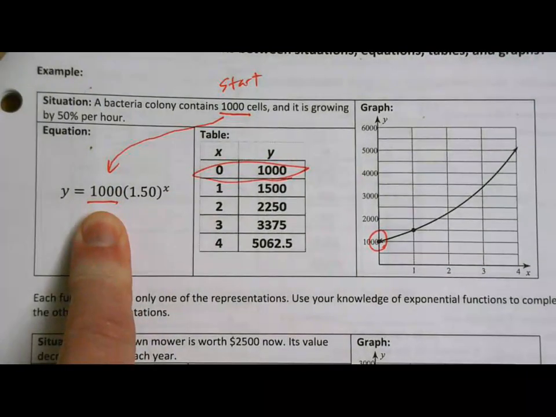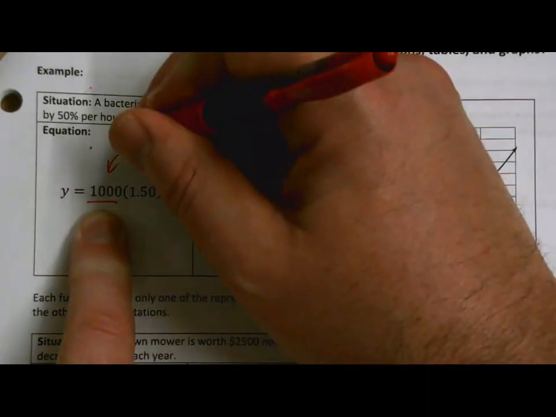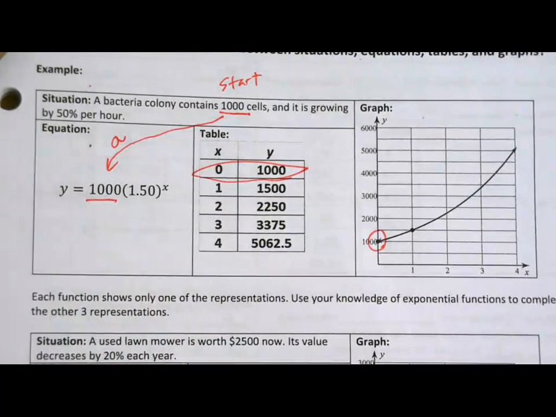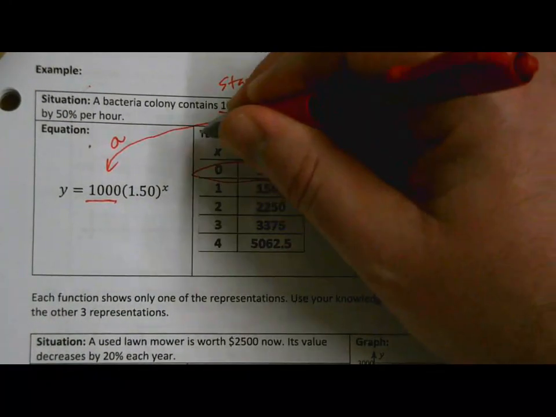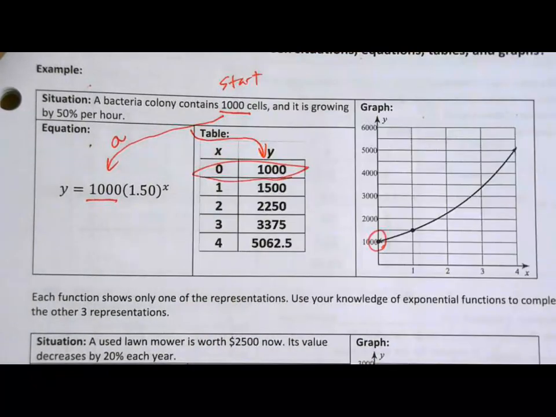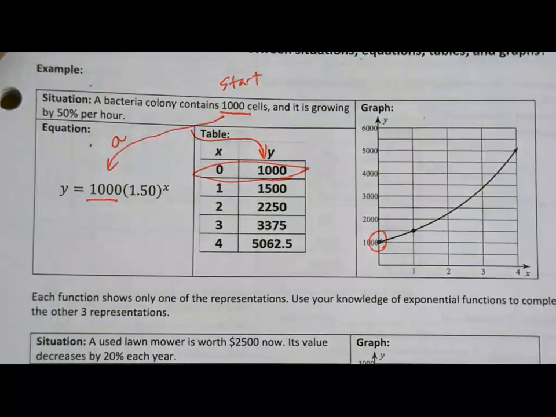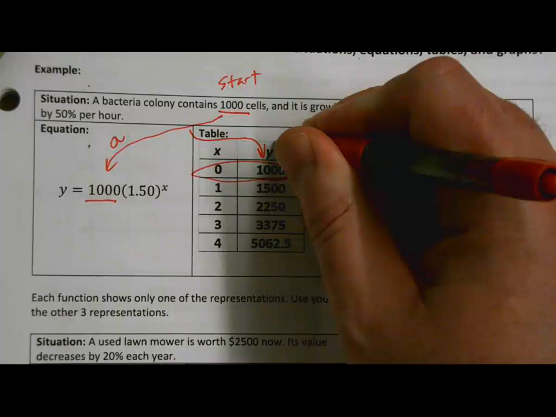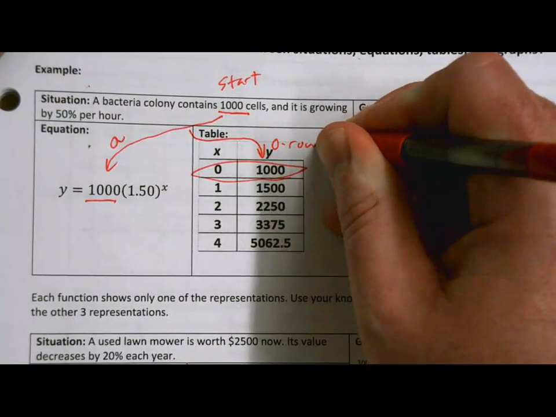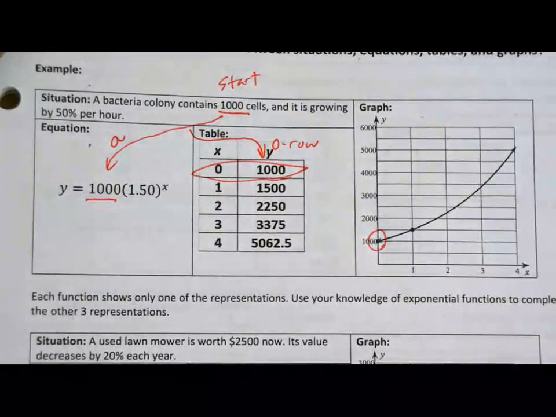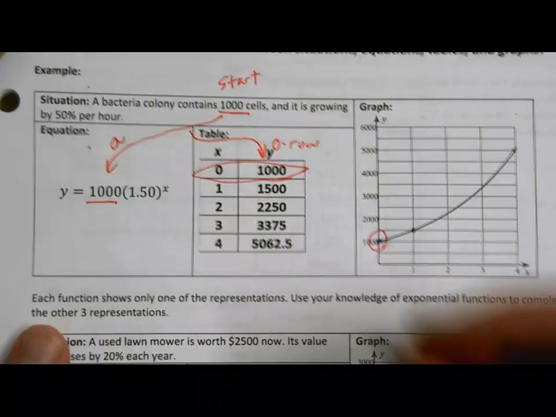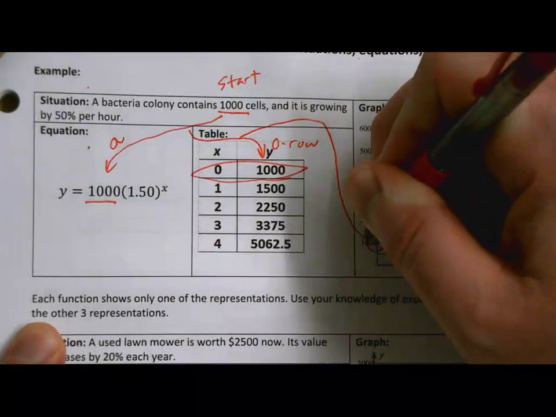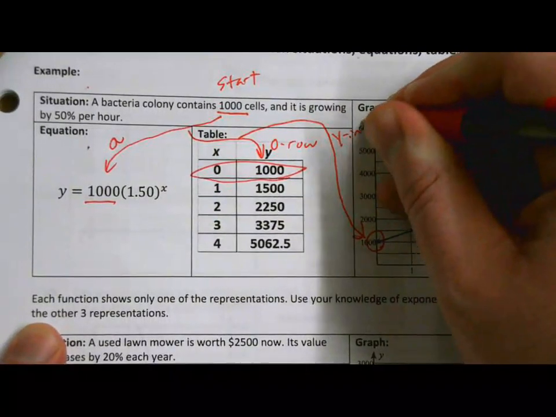That's the A. So the starting value gives us the A value in our equation. It also gives us what I call the 0 row in our table. It's the row that's got a 0 for x. And it also gives us the y-intercept on our graph.